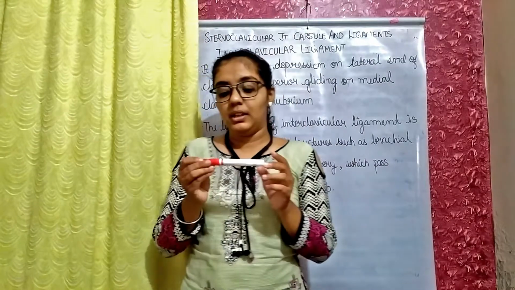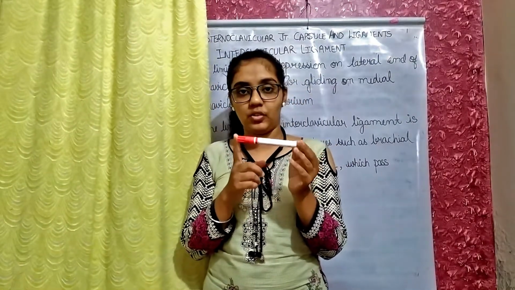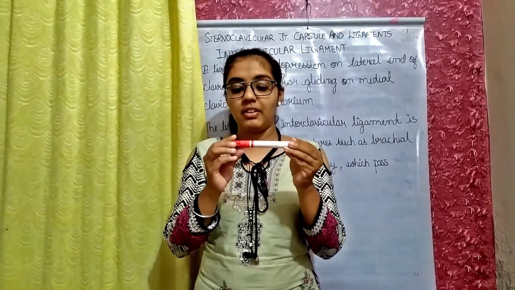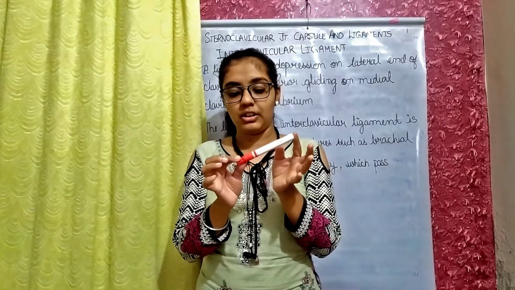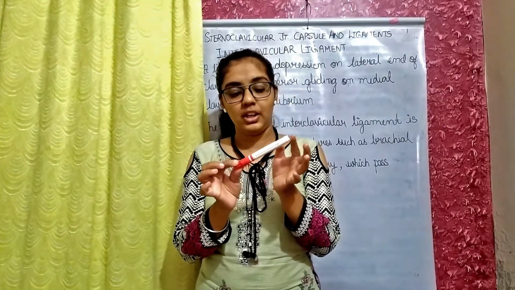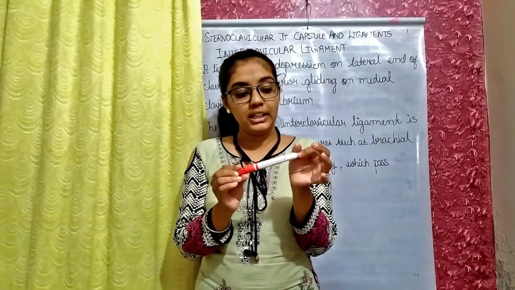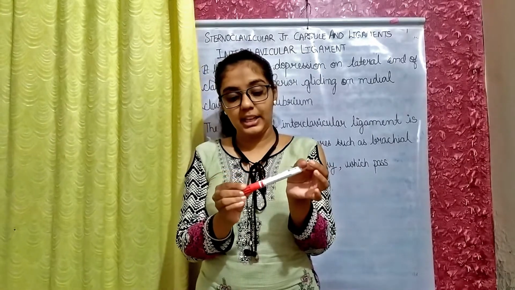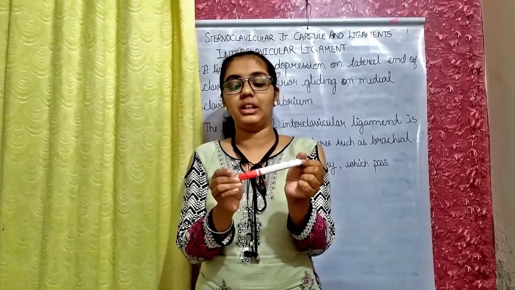For example, take this pen as a clavicle, the cap side as the lateral end of the clavicle and this as the medial end. If excessive depression occurs at the lateral end of the clavicle, then superior gliding occurs on the medial end. So the interclavicular ligament prevents the superior gliding on the medial end of the clavicle and excessive depression on the lateral end.